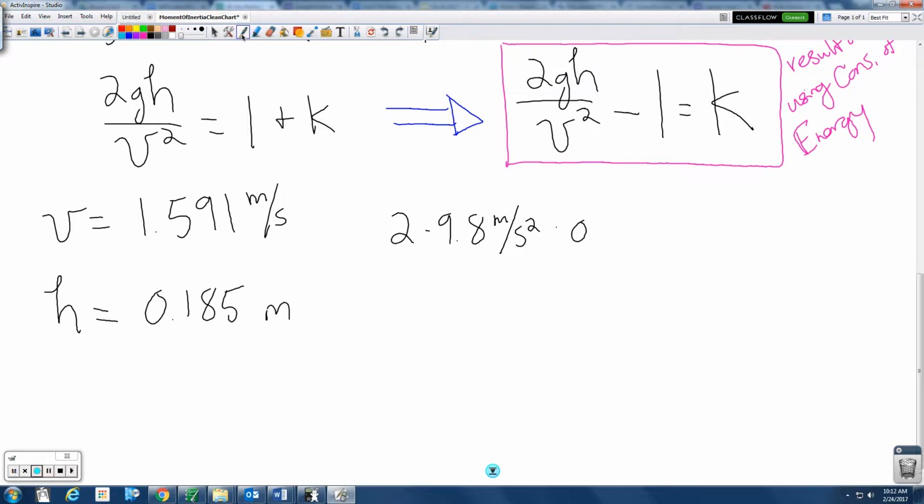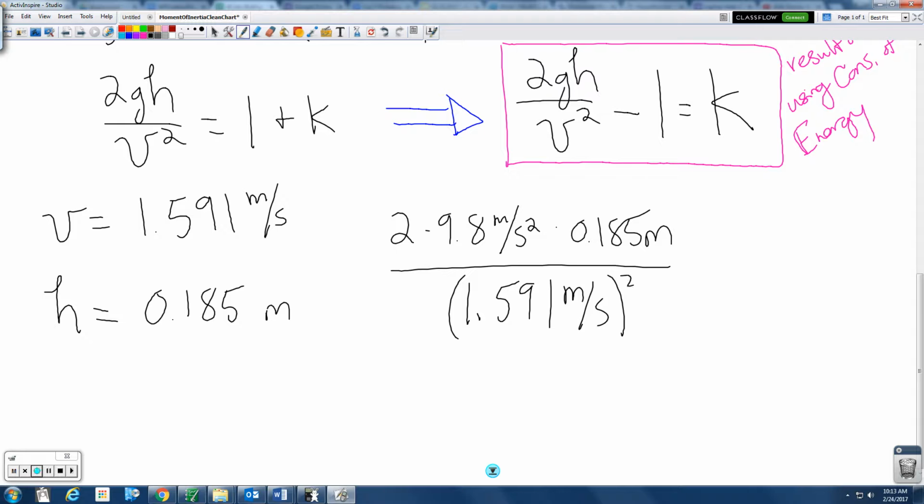I just wrote the wrong units for some reason. 0.185 meters, 2gh over v squared at 1.591 meters per second. So check out our units for a second. I have meters squared over seconds squared up top, and meters squared over seconds squared down below.